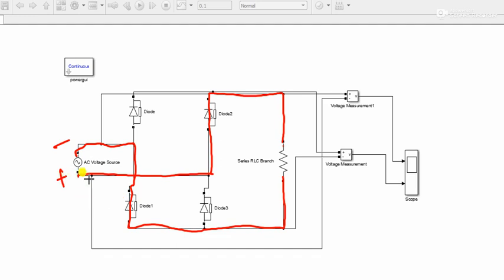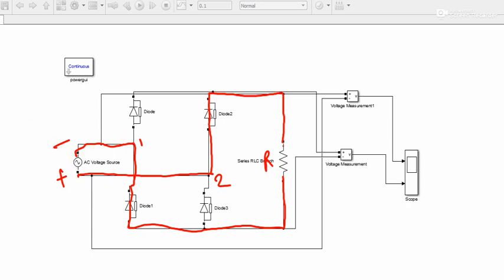Okay, so it starts from point 2, then goes to diode 2, now goes through the resistance, and then comes here to point 1, and completes the circuit from the negative side. Okay, these are for the next negative cycle.